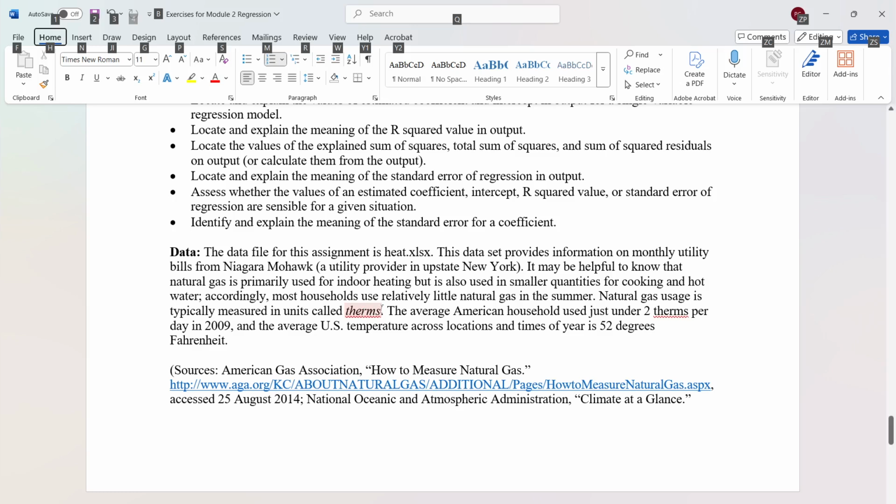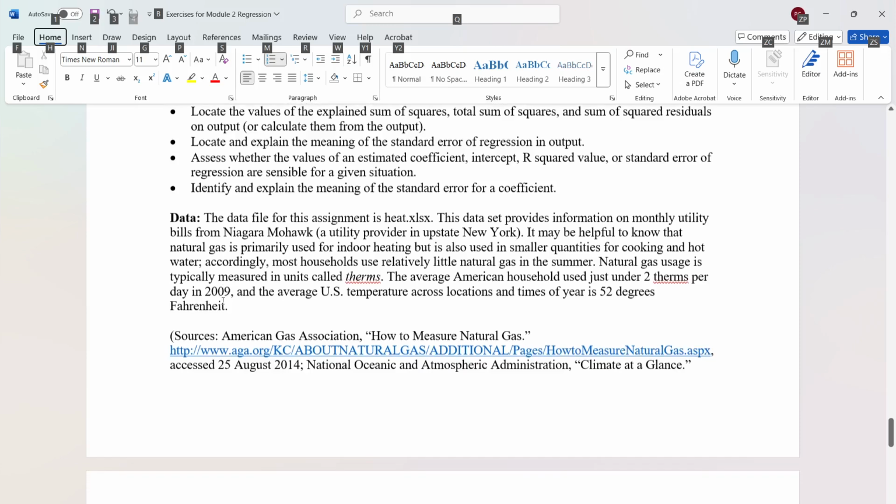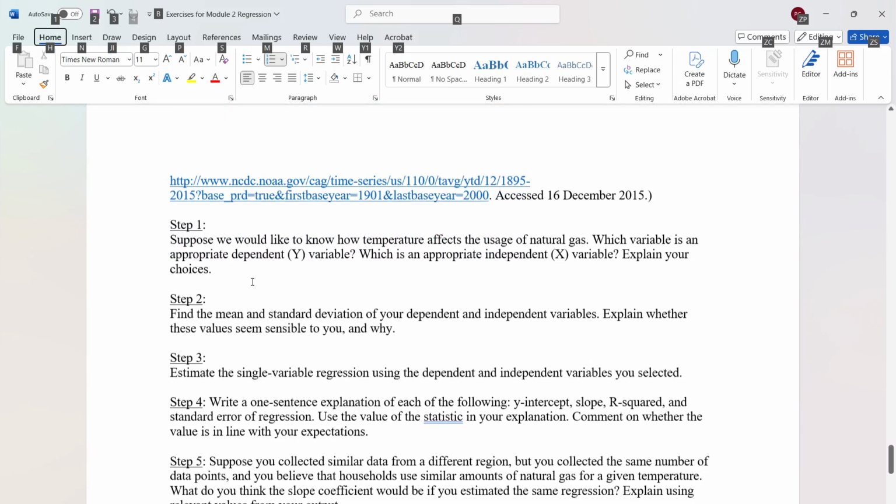And then therms for natural gas. Therm is a unit that most people are not familiar with. The average American household used just under 2 therms per day in 2009, and the average US temperature across locations and times of year is 52 Fahrenheit. Interesting. Okay, so some good trivia there.